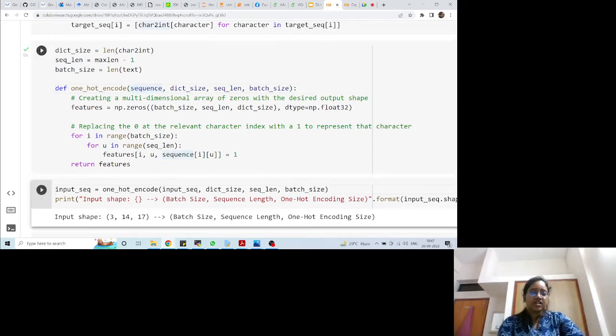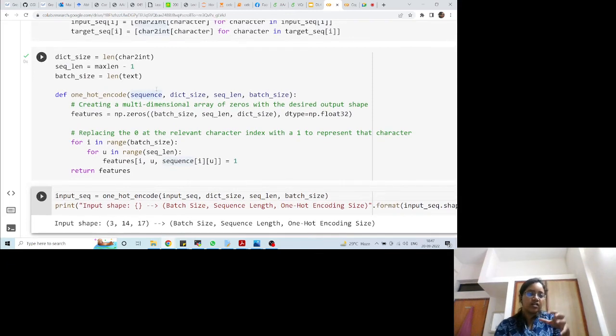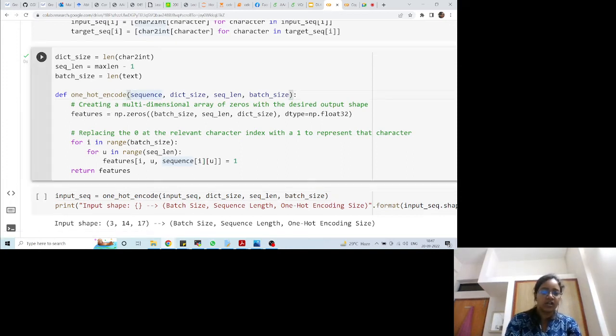Now as I said, instead of sending a particular letter or a particular word, you need to send a vector for each unit of text as you define it, whether it's a word or a character. You need to send a vector with numbers. That is what is done in this one hot encode function.